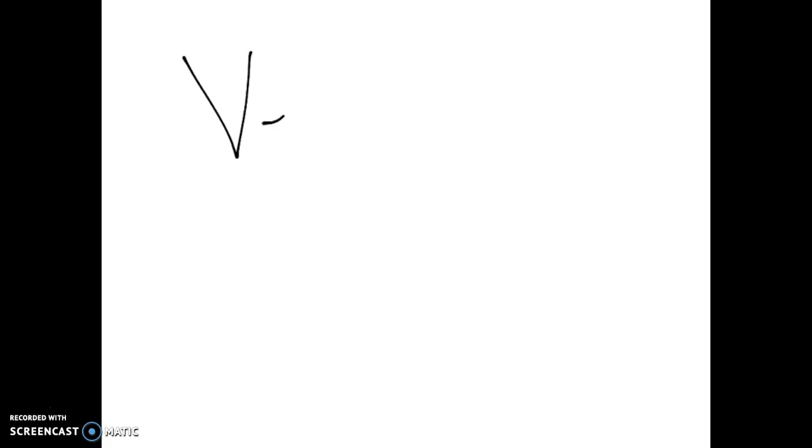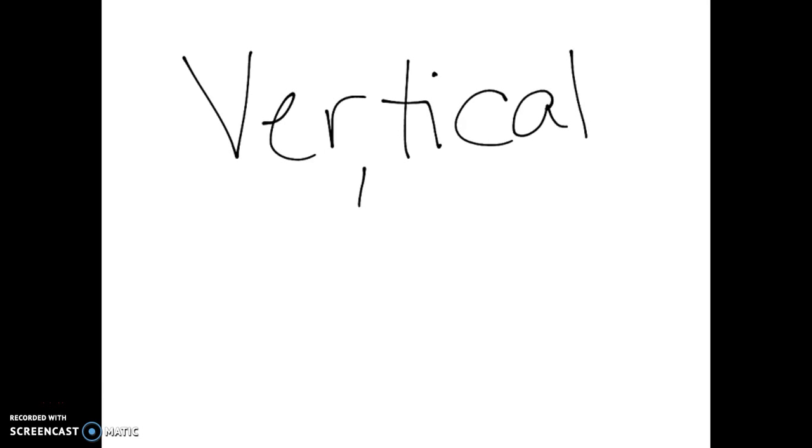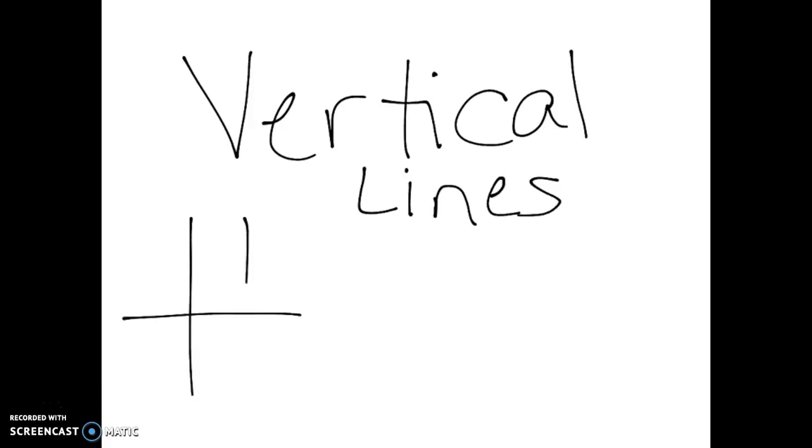The other lines we have are vertical lines, and so vertical lines go up and down, right? And they are always going to cross over the x-axis, which means that if we choose any 2 points on here, the x value will be the same, okay?